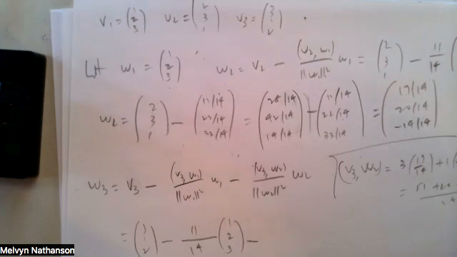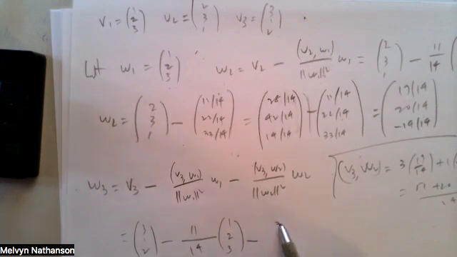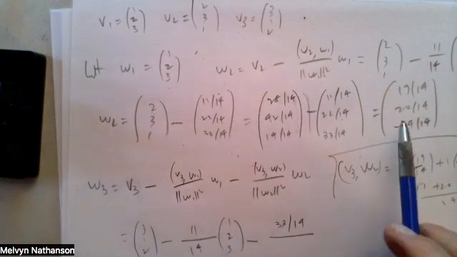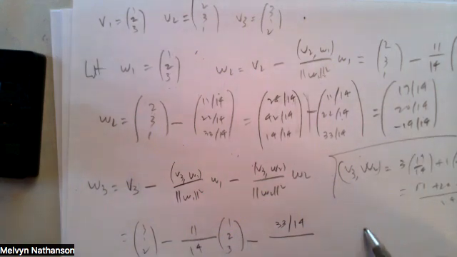That is, I believe, 71 minus 38 is 33 over 14. Yeah, 33 over 14. So this is minus 33 over 14 divided by the length of W2 squared.